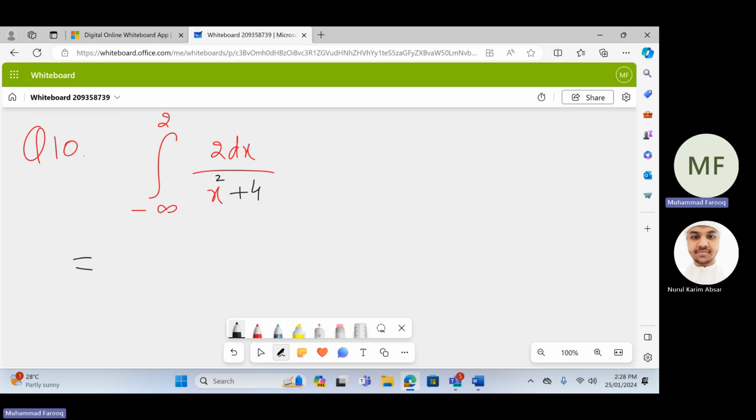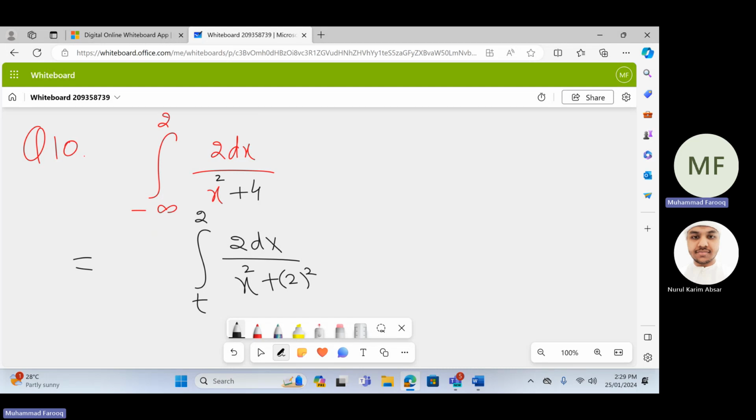Please look here. Because we cannot integrate with infinity, in step 1 I change the name of this improper portion to T. So the integral goes from T to 2 of 2 dx divided by x squared plus 4. Can I write 4 as 2 squared? Yes.